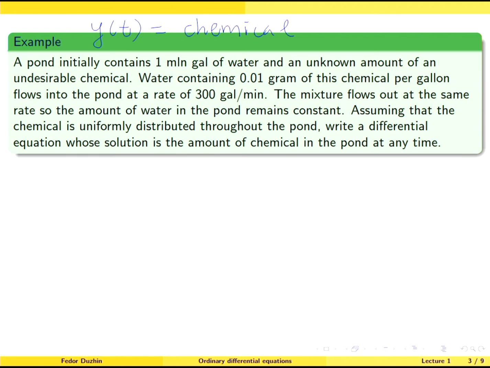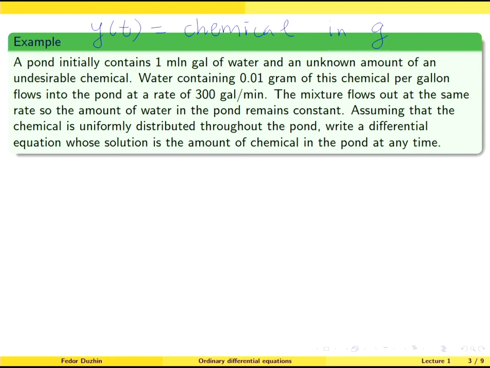Well, so let's write water containing 0.01 gram of this chemical per gallon, whatever it means. So the amount of chemical is measured in grams. So it flows into the pond at a certain rate, and then the mixture flows out at the same rate, and so on and so forth. So the question is to write a differential equation describing the process.